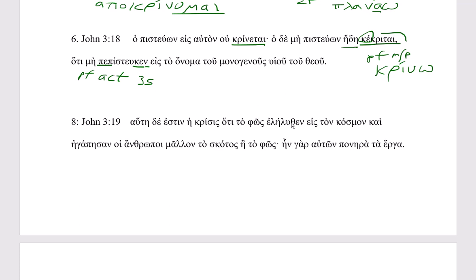So it comes from erchomai, but it's one of those odd perfects. And it is N. There's no tense formative, but the N is telling us that it's active. And now we can look at to phos again, but we're expecting it to be nominative here as the subject of has come. So that the light has come, eis ton kosmon, into the world.